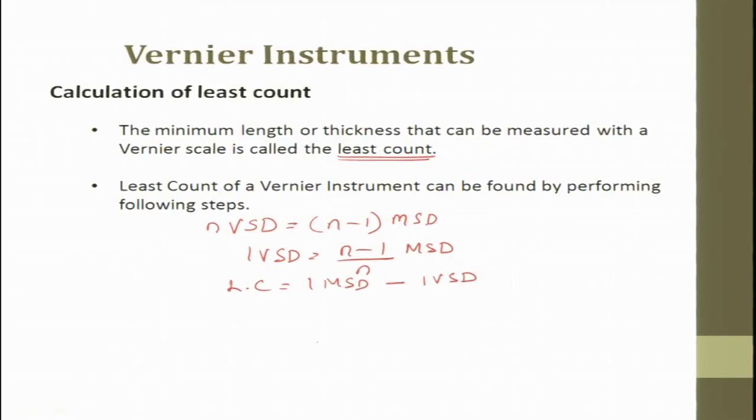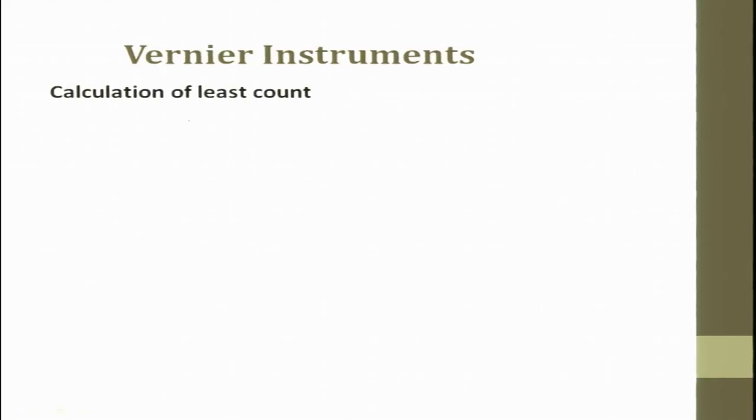So, the least count is 1 MSD minus (n minus 1) by n MSD, which can be written as [1 minus (n minus 1) by n] MSD. So, least count is nothing but 1 MSD by n.